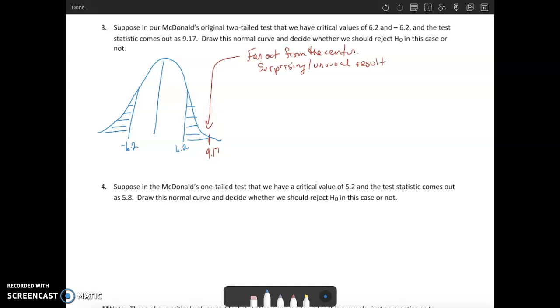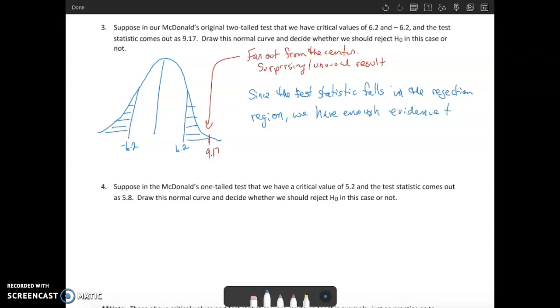So what this is telling us is that since the test statistic falls in the rejection region, we have enough evidence to reject the null. Remember, you need evidence to reject the null.